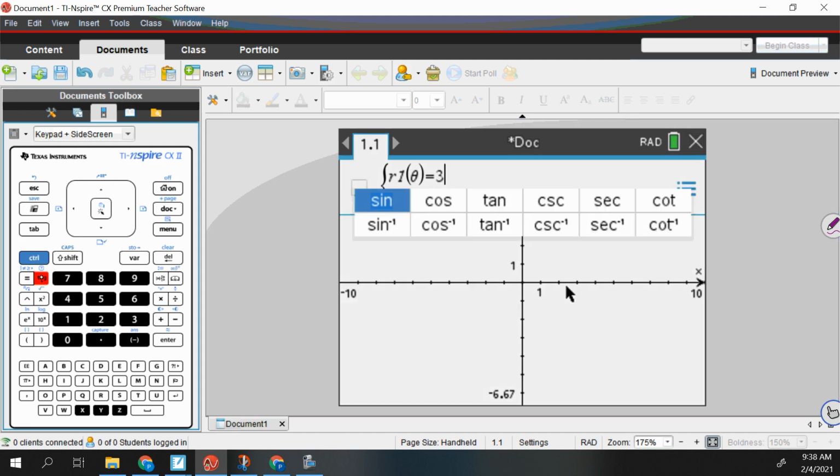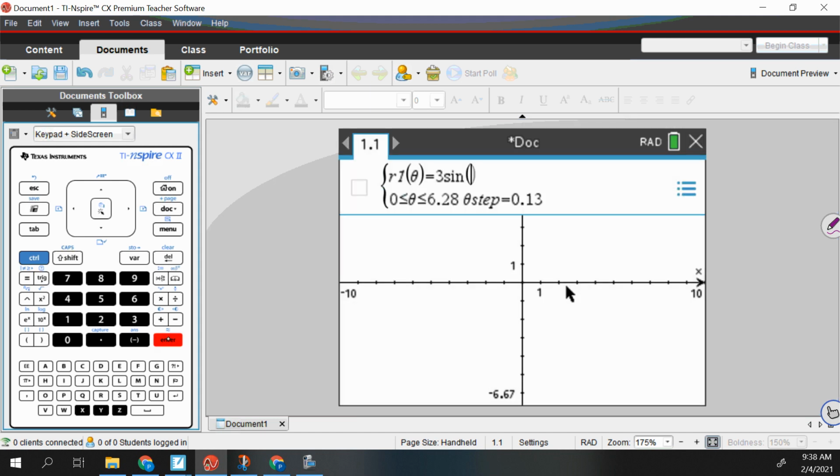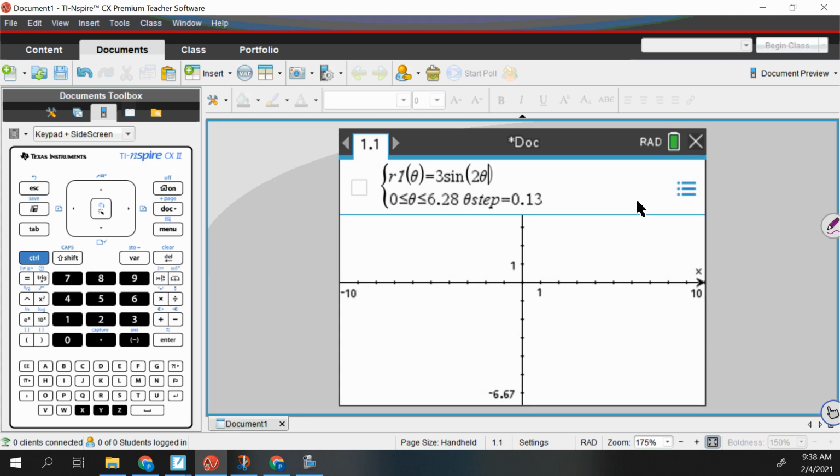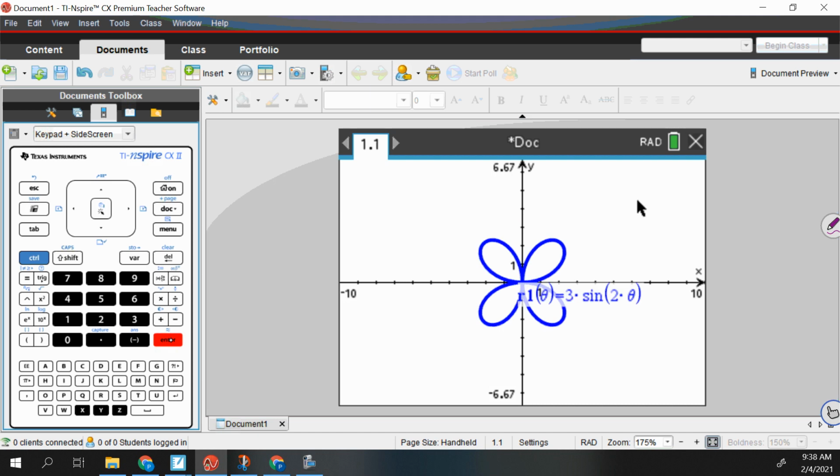And we've got 3 sine of 2, and we've got to put in theta. Theta's down with the pi. And go ahead and hit enter, and we get our graph.